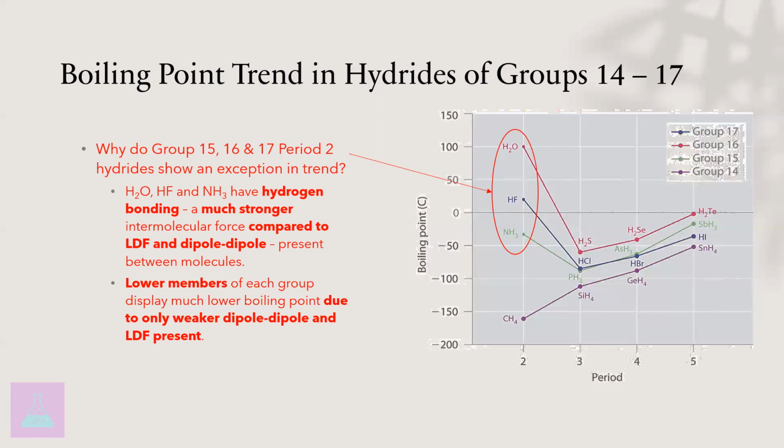Dipole-dipole and London dispersion forces, which if you place them on a relative scale, hydrogen bond would be maybe 10, while on the other hand, for LDF and dipole-dipole, they are just maybe 1 to 1.5. So there's a huge difference in terms of strength, and that's why you see such a trend.